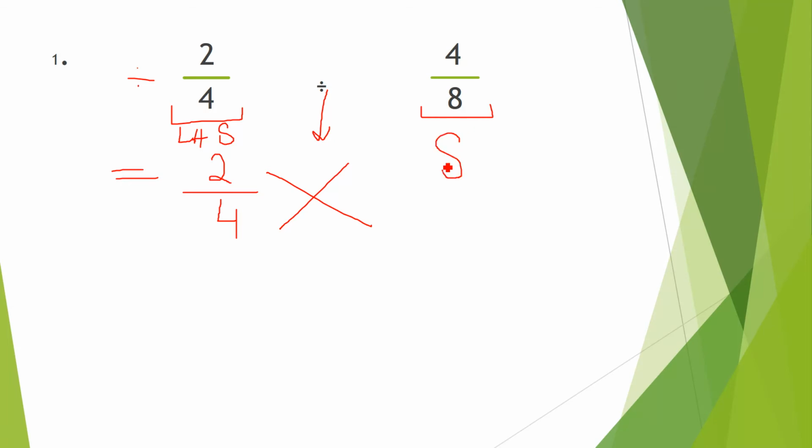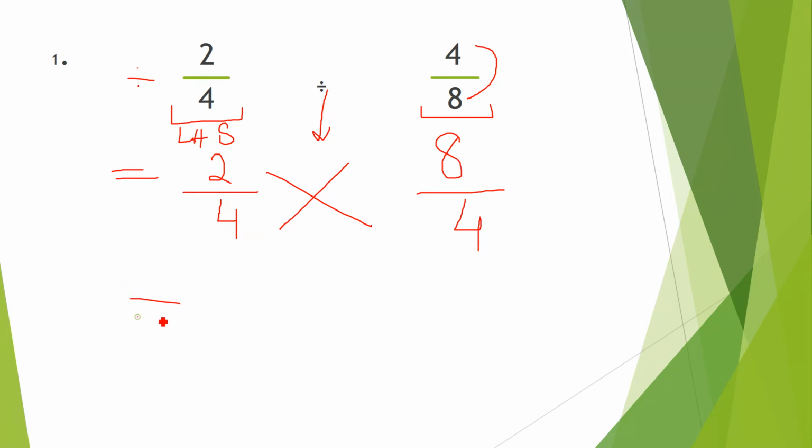Now it will be 8 over 4. This is the rule. How to convert this division into multiplication? You have to change the right hand side fraction as well. The numerator you have to write in the denominator, and the denominator you have to write in the numerator.